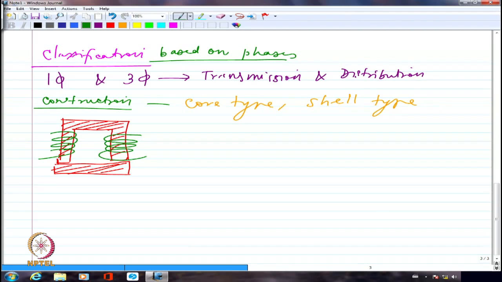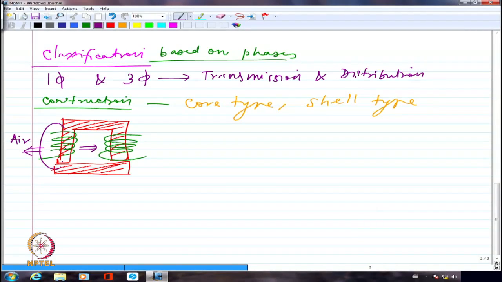Please note that only on one side of the winding I am going to have iron, whereas on this side of the winding I am having air. So naturally, if I look at any flux lines that are going to flow here, I may have something called leakage. These will be leakage lines.